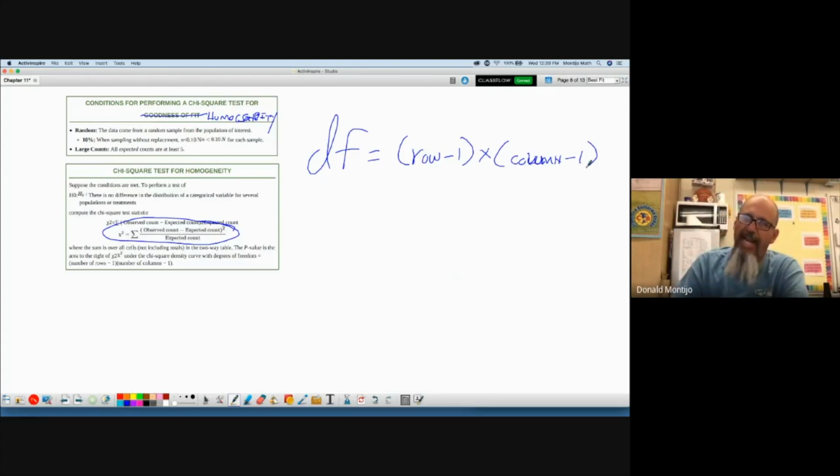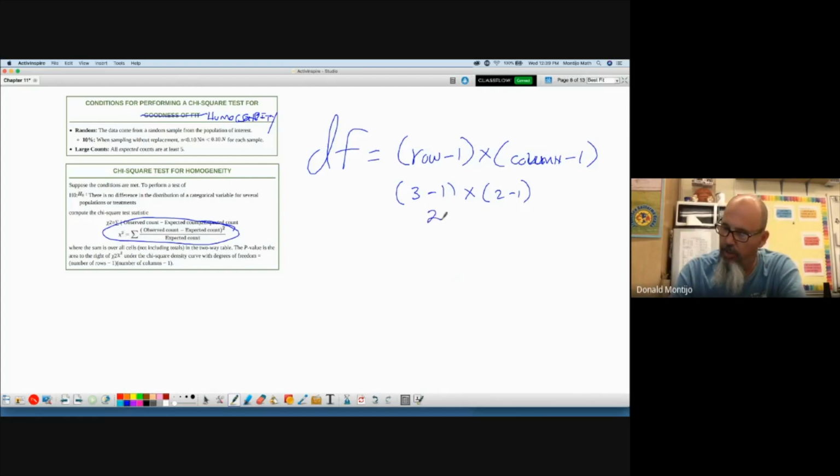So if we look back at that 3 by 2 table that we just did for that example on the previous slide, there were 3 rows and there were 2 columns. So whoopsies, it should be row minus 1 times column minus 1.